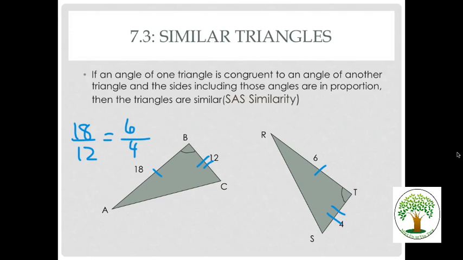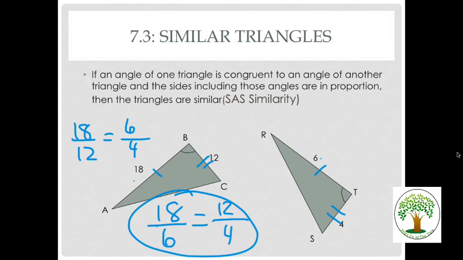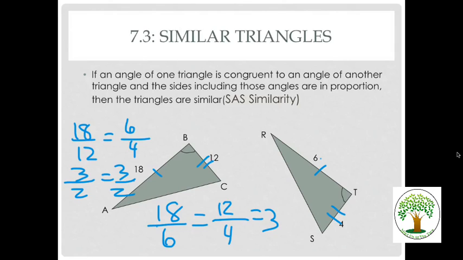I'm going to write it this way. Yes, I agree. I'm going to write it like this. 18 on this triangle goes with the 6 on that one, and 12 on this one goes with 4 on that one. They'll both reduce to what? 3. Both of them reduce to 3. That's good. This reduces to 3 halves. Okay. Some of those properties of proportions were used to get from here to here. Is it reciprocal?